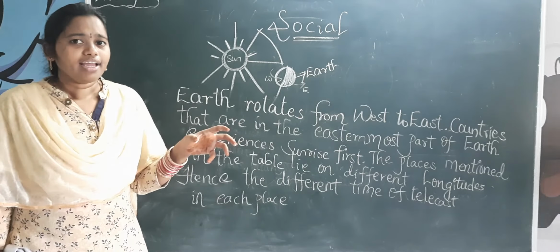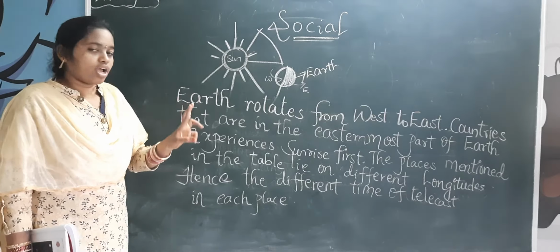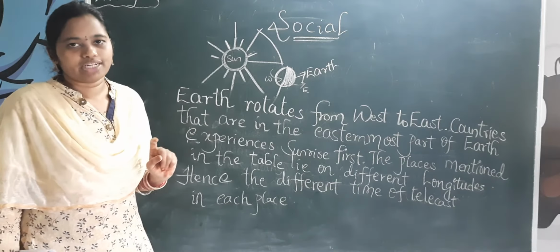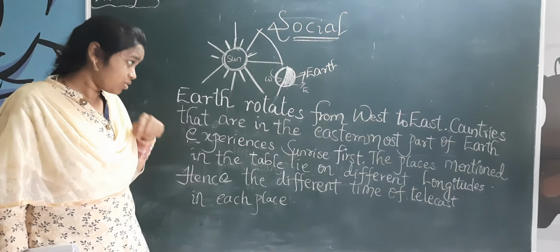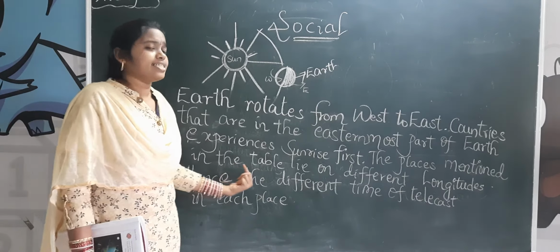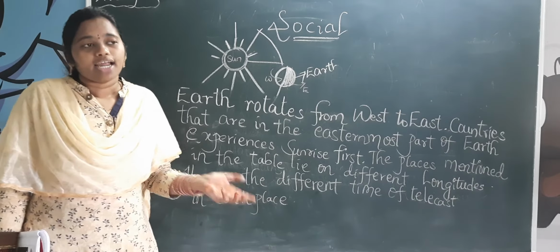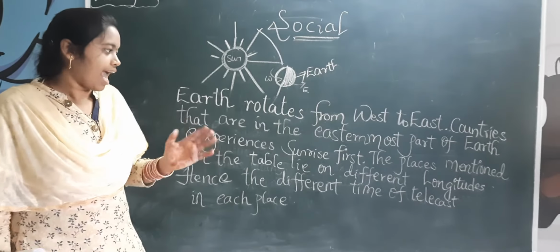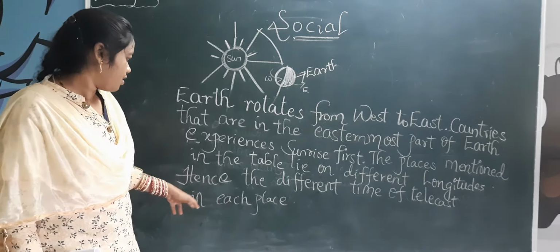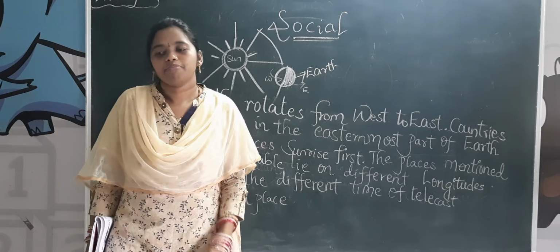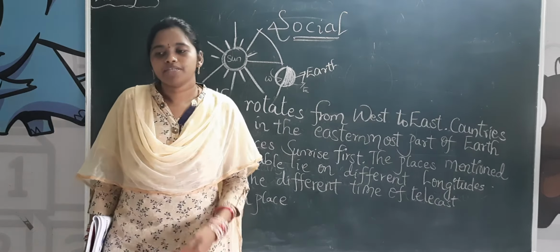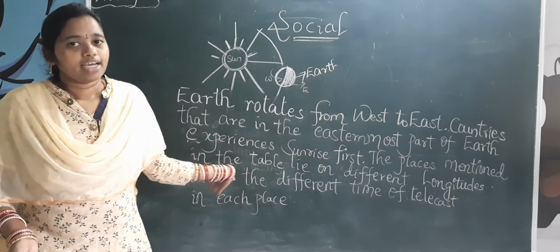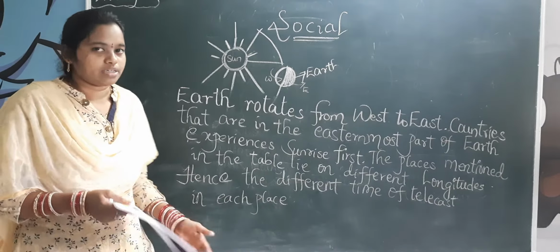So from one longitude to another we have a 1 hour time difference. That's why the live telecast has different timings in each place. If you completed it, no problem, let's take it. Otherwise, complete this one and write it down.